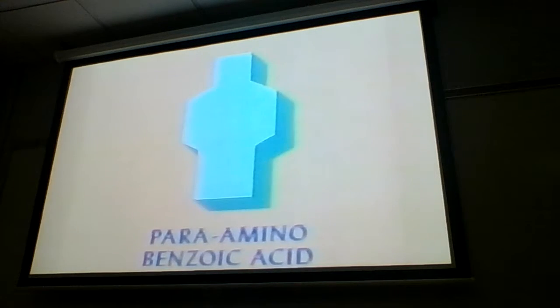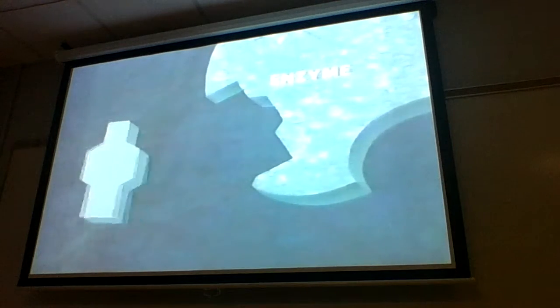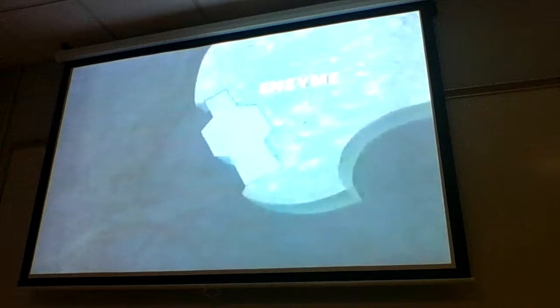Using a geometric symbol retaining the general contours of the molecule, we'll follow its action within the cell. In the cell with the acid is an essential bacterial enzyme. In order for the enzyme to perform its active role, it must first combine with the para-aminobenzoic acid. Only then can the enzyme catalyze the further reactions necessary to cell life.